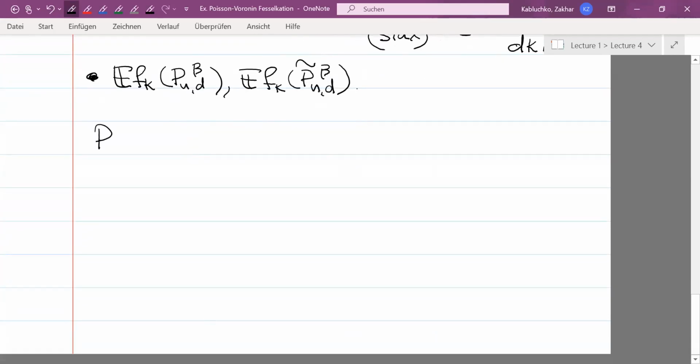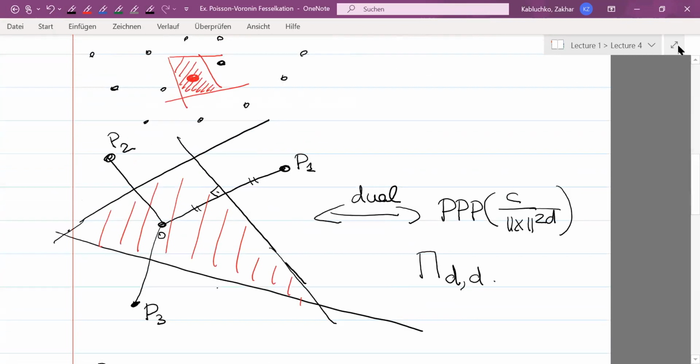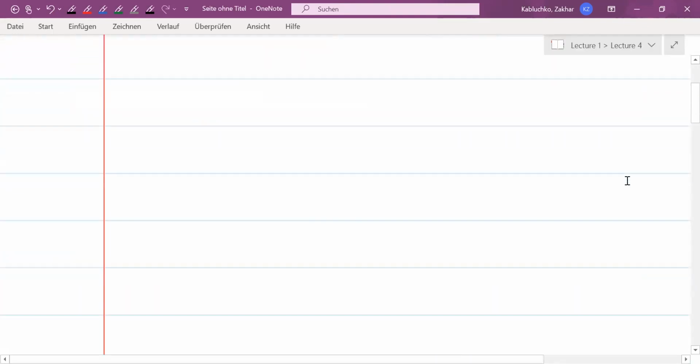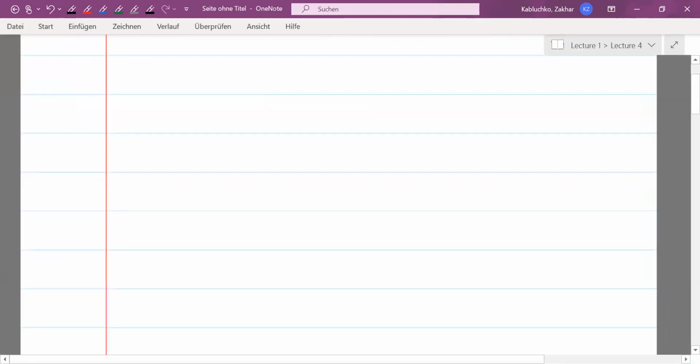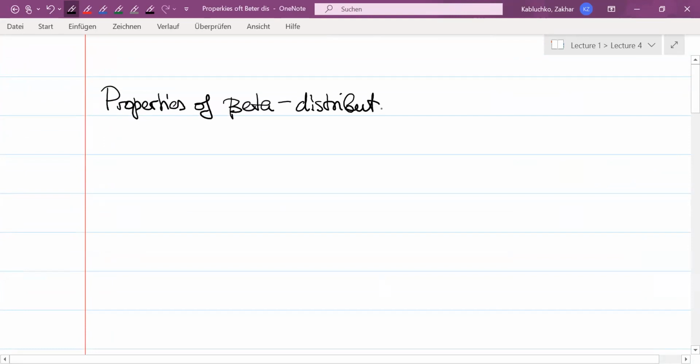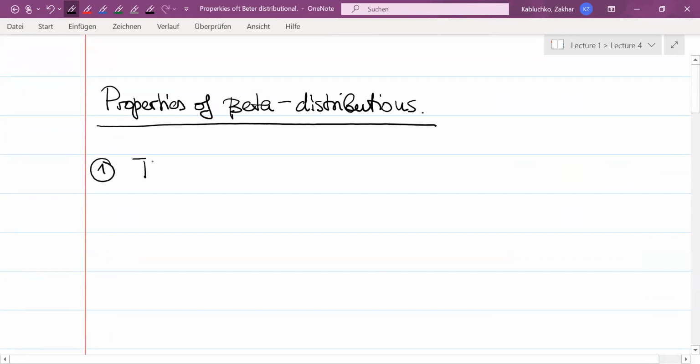And here are the properties of these multidimensional beta distributions, and beta prime, of course, which make them nice. The first property is the invariance under projections.